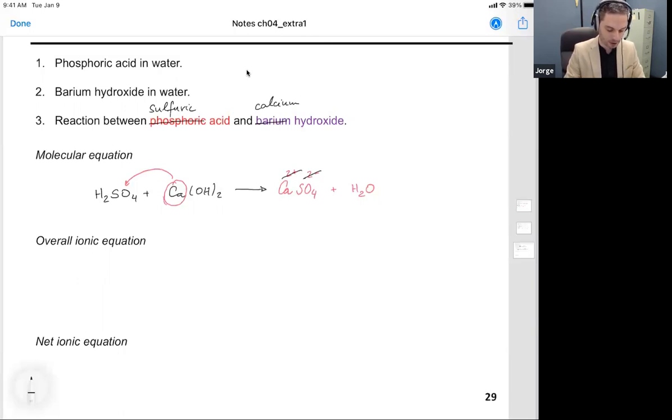At this point, we are almost at the end. Now we need to verify if the salt is soluble in water or not. So go back to the solubility tables. Let's look for sulfate.